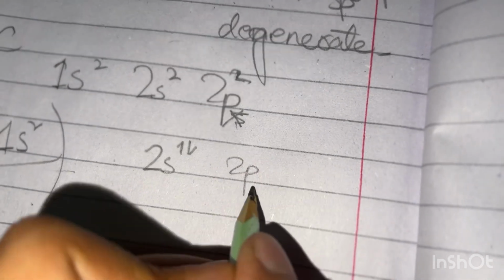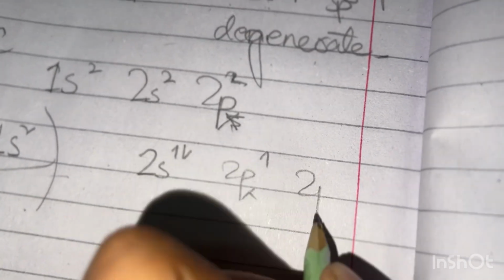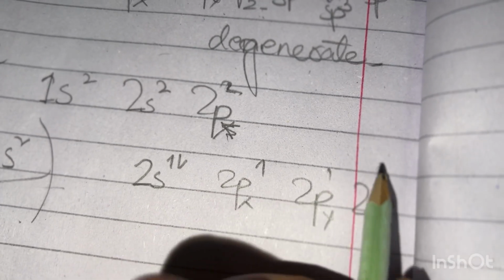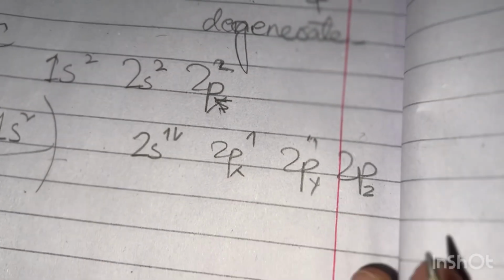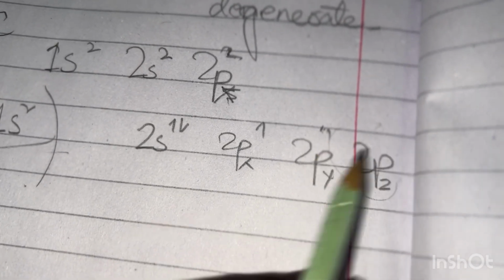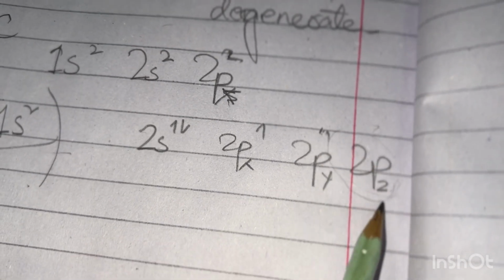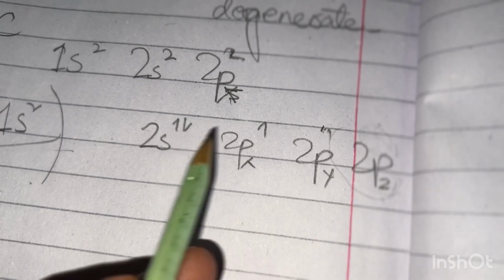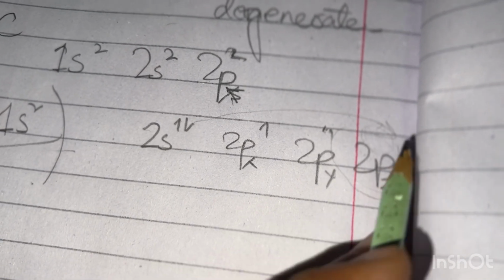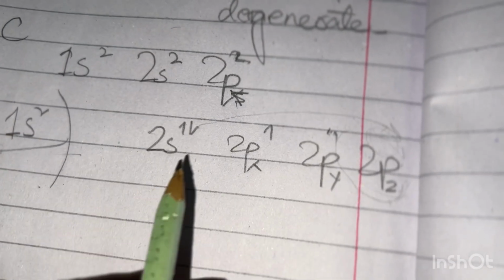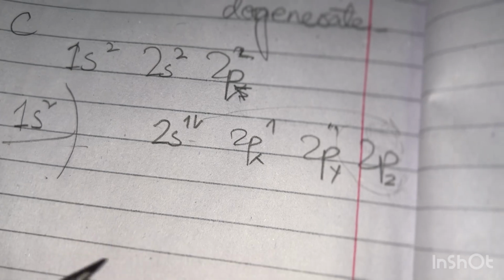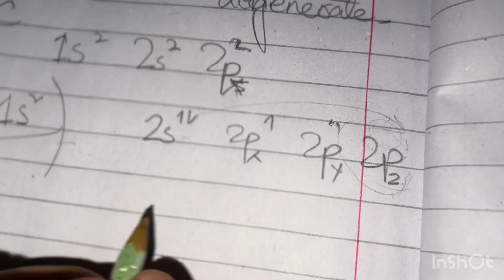So 2px1, 2py1, and 2pz0. There is no electron here, but according to some principle, when an equal energy orbital is available which does not have any electron, this electron will move toward here to get its separate position and move with the same spin.